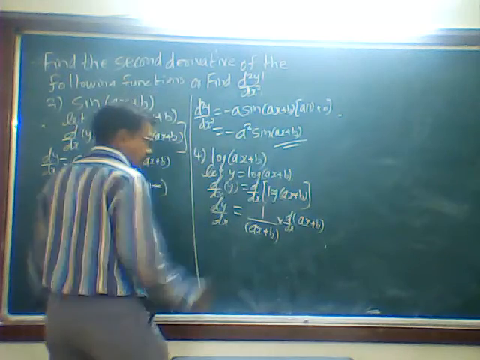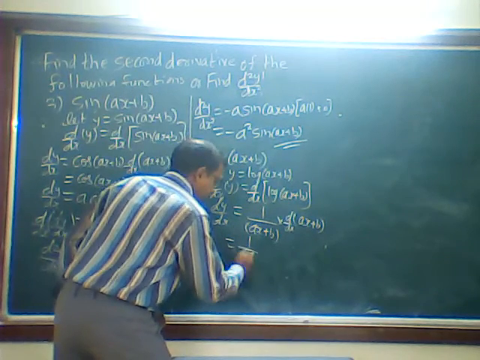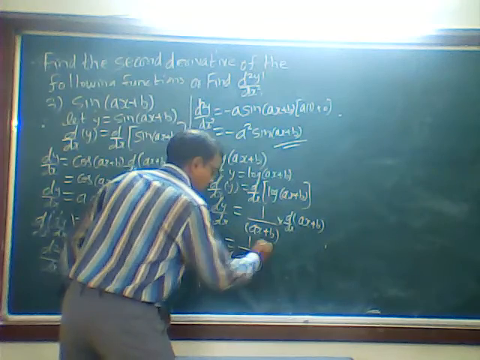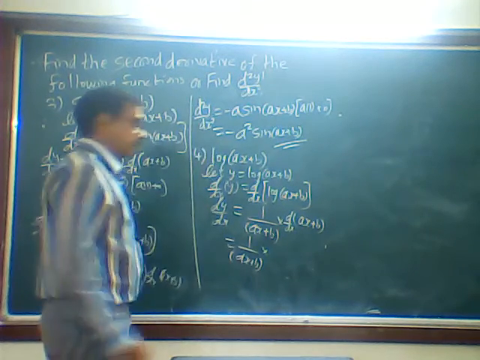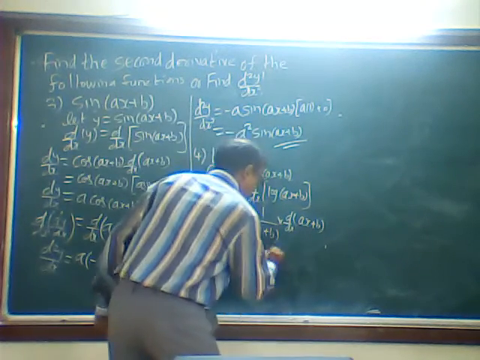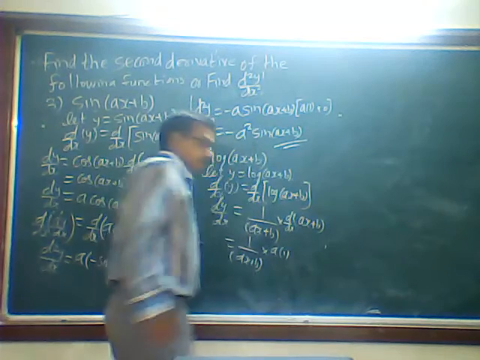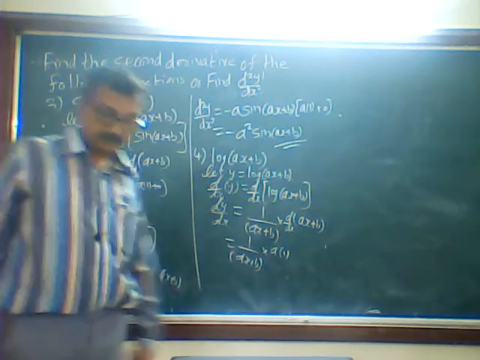So now this is as it is in the denominator, and the numerator d by dx of ax plus b is a into 1 plus 0.